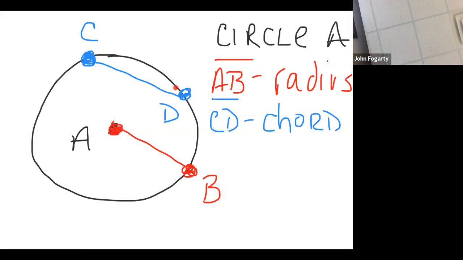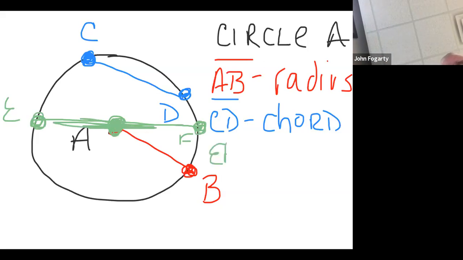So that's a chord. Now, every once in a while, you'll get a chord EF that actually goes through the center of the circle. And that, gentlemen, is what we call a diameter, right?